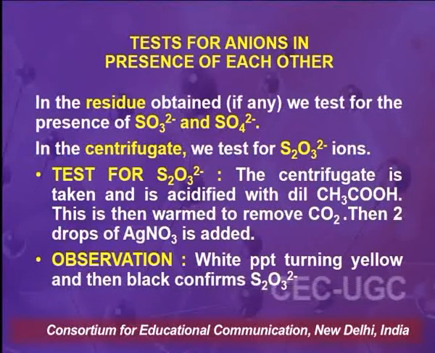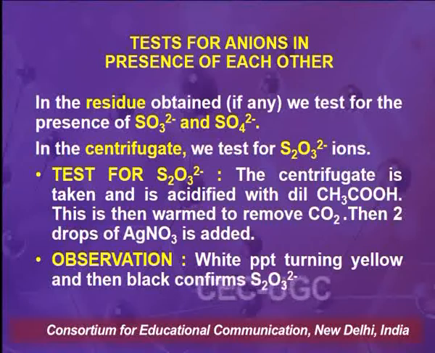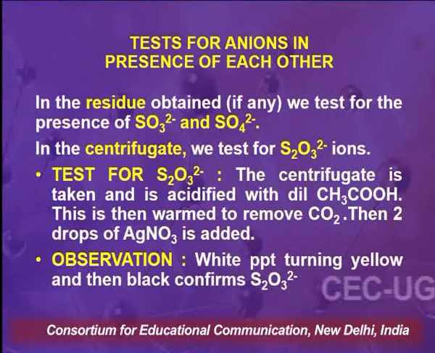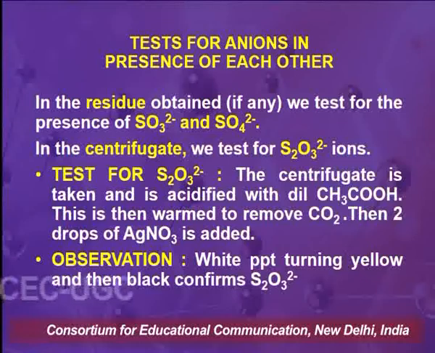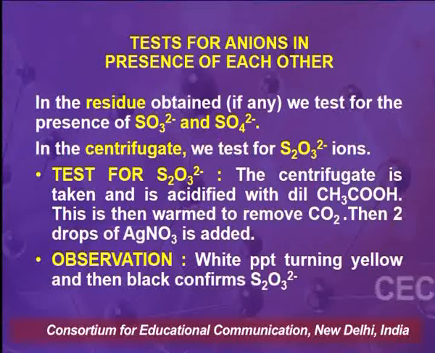Coming to the test for thiosulfate ions first, the centrifugate is taken in a semi-micro test tube and is acidified with dilute acetic acid. The acidification of this centrifugate is to be done with acetic acid only and not any mineral acid, because thiosulfate tends to get decomposed in presence of any mineral acid.